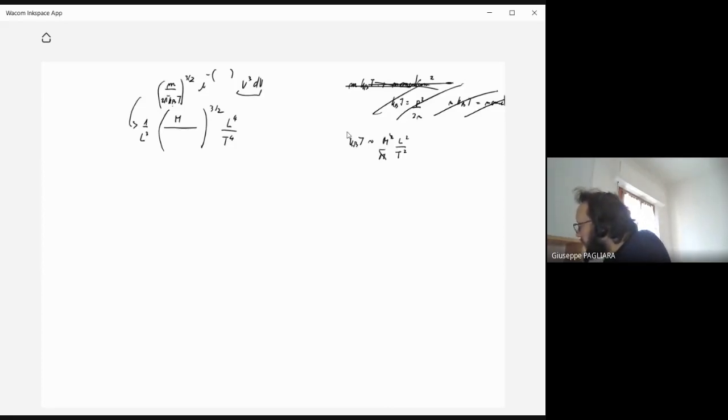So it should be m l squared divided by t squared, if I have done it properly. I hope this is correct. So the mass and the mass drops.